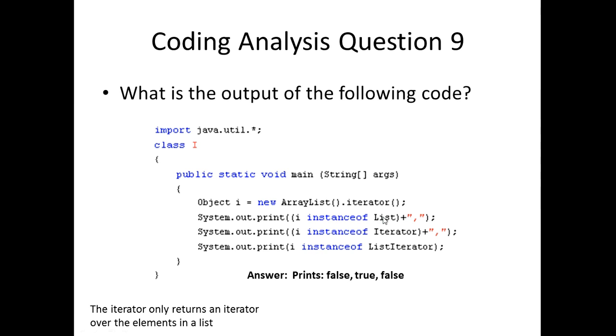It won't be returning a list, because we're not returning a new list itself. We're returning an iterator over this list that we have. So it won't return a List object or a ListIterator object. Hopefully this makes sense to you guys. If you have any questions about this, leave them in the comments below.